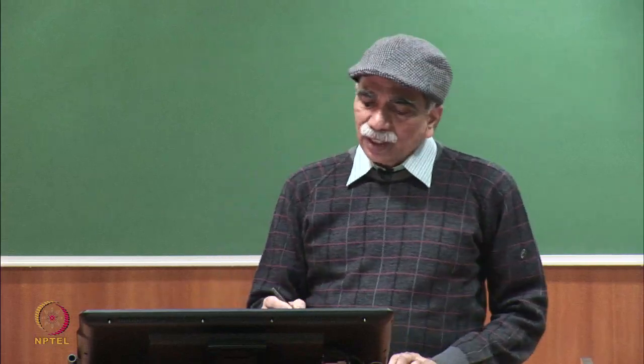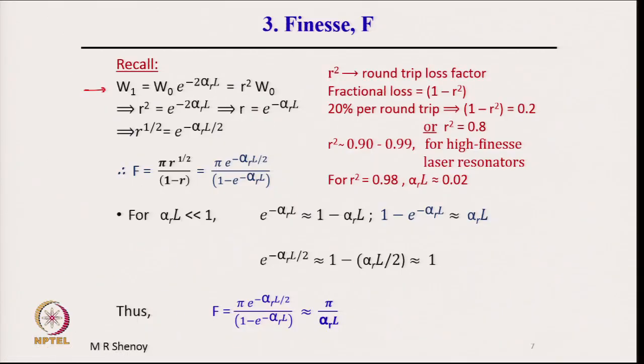So, here it is. Recall that W 1, the energy after one round trip, is equal to W 0 into e power minus 2 alpha r into L. This is also equal to r square into W 0.